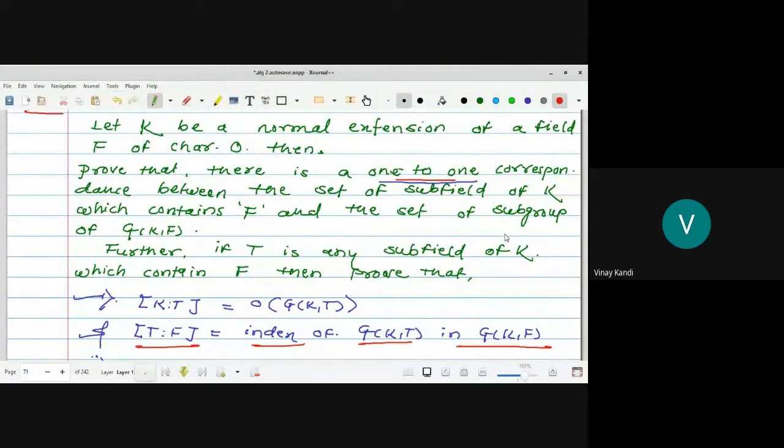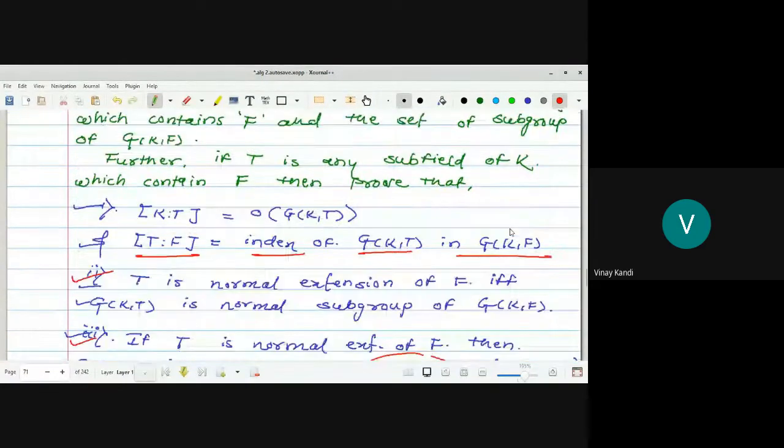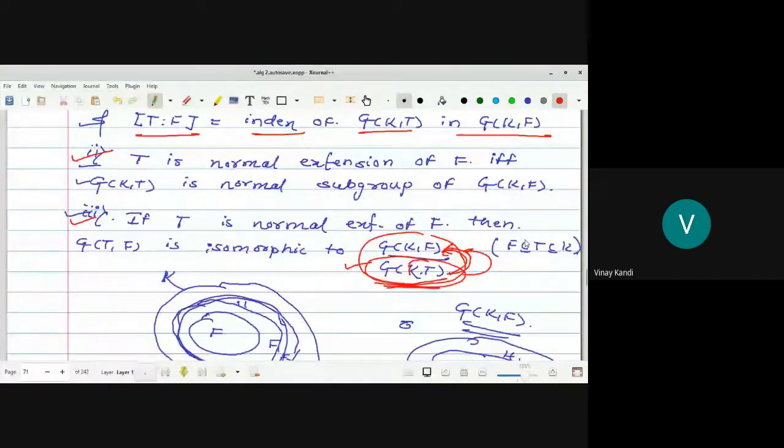The dimension of T over F, that is the degree of T over F, is equal to the index of GKT in GKF. Second, T is a normal extension of F if and only if GKT is a normal subgroup of GKF. And third, if T is a normal extension of F, then GTF is isomorphic to GKF upon GKT. Okay, so this is the end of our chapter number 3.